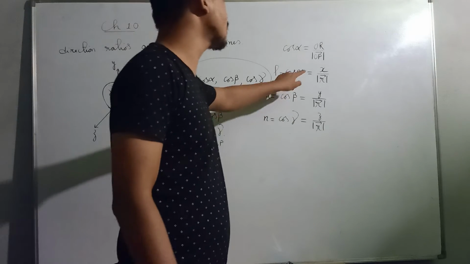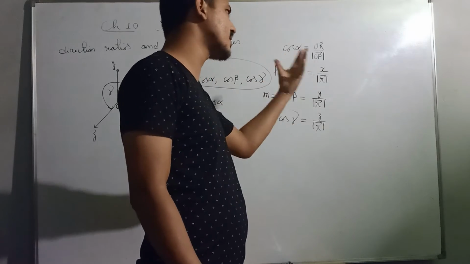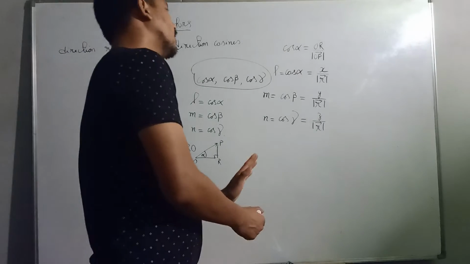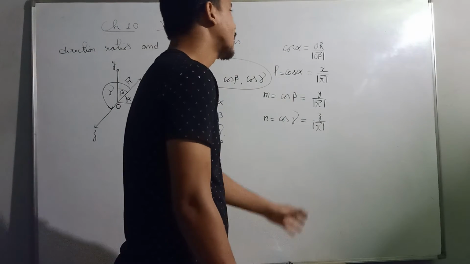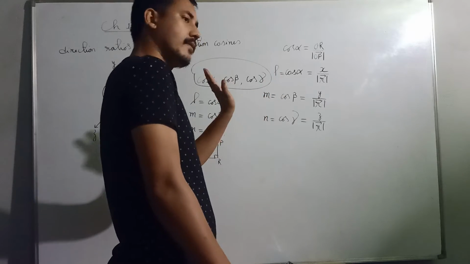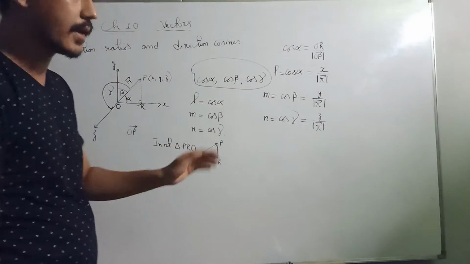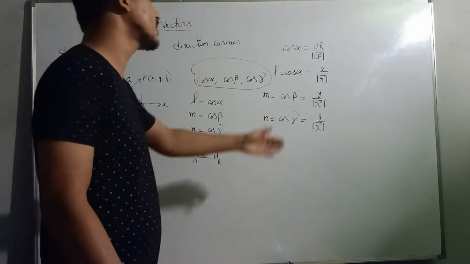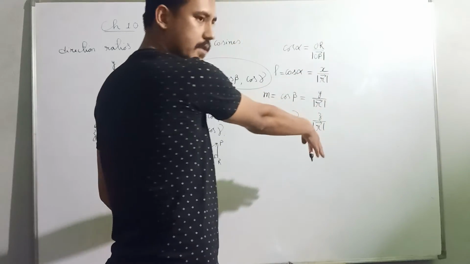So direction ratios are numbers. They are just some scalars, such that they are proportional to this L, M, and N. L, M, and N are known as your direction cosines. So the numbers x, y, and z can be A, B, and C also.